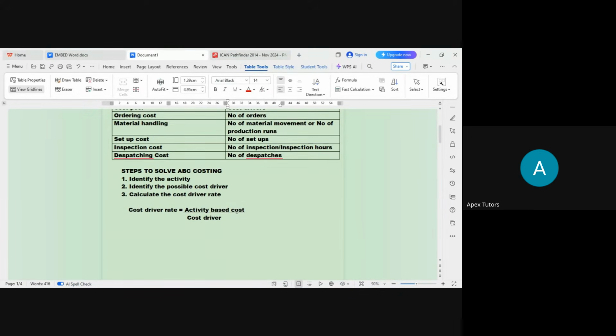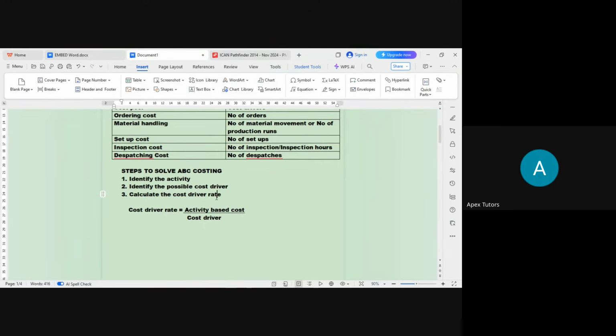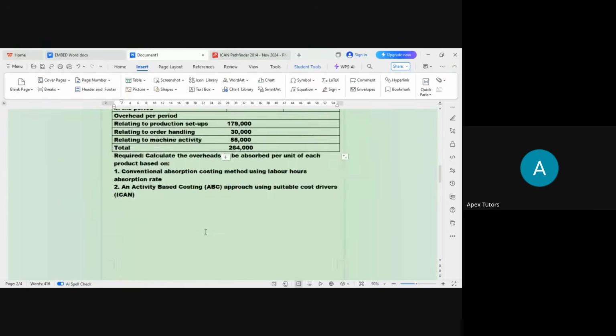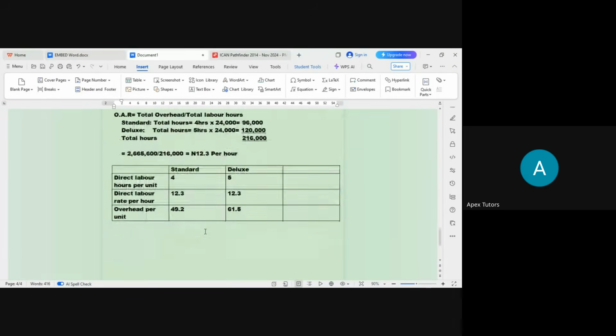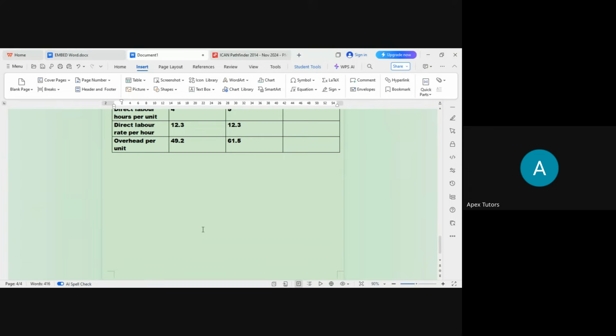The activity-based cost divided by the cost driver. So now let's quickly see what we can do about that.